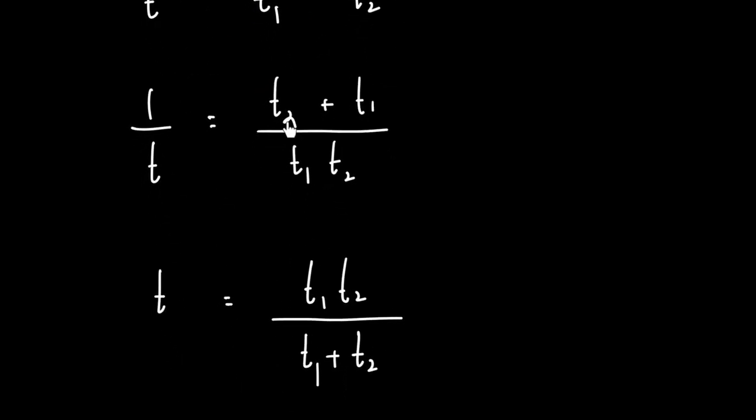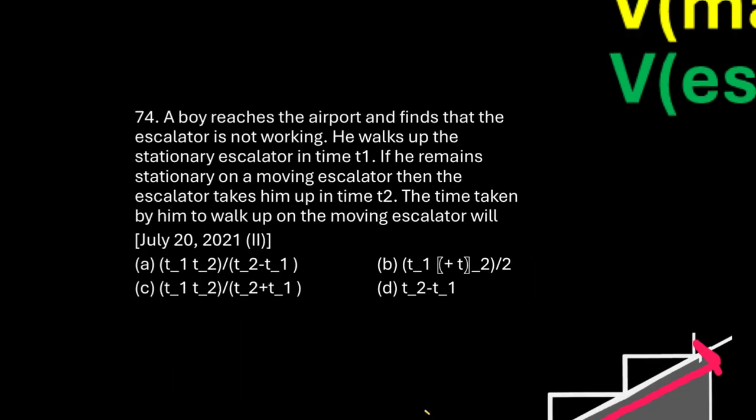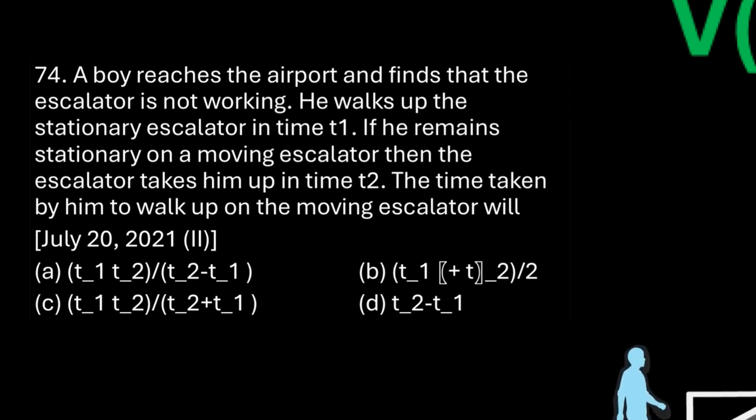And therefore 1 by T is equal to (T2 plus T1) by T1 T2, or taking the reciprocals, T is equal to T1 T2 upon T1 plus T2, which gives us the correct option as T1 T2 upon T2 plus T1, which is option C.